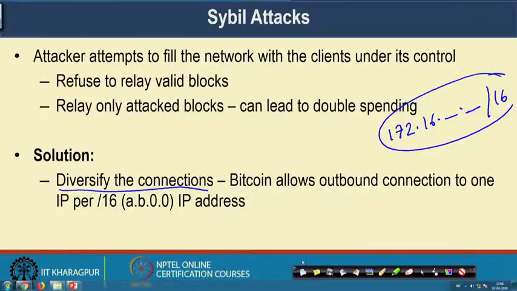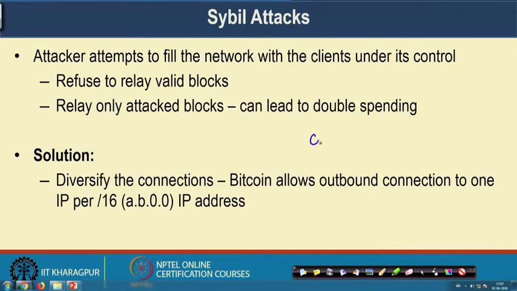But if you diversify the outgoing connections, so that whenever you are forwarding the block, you forward it to multiple nodes rather than a cluster of nodes in the same network. The entire idea is something like that. Say you are forwarding a block, and all these nodes belong to a single cluster.